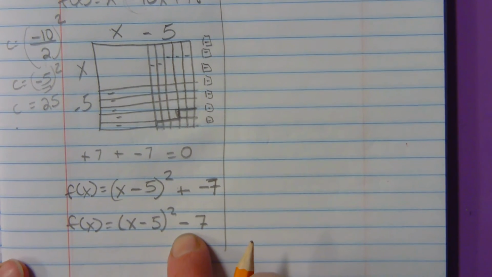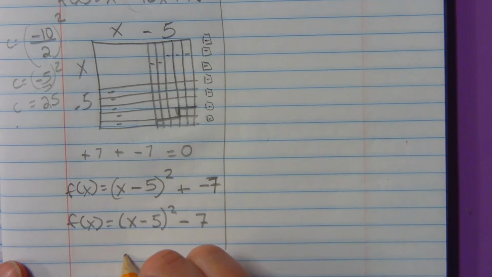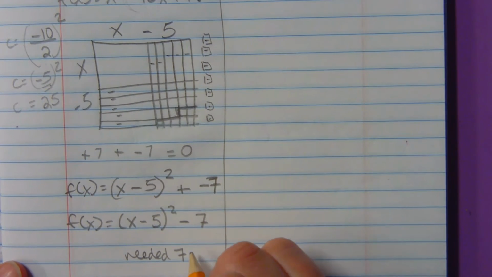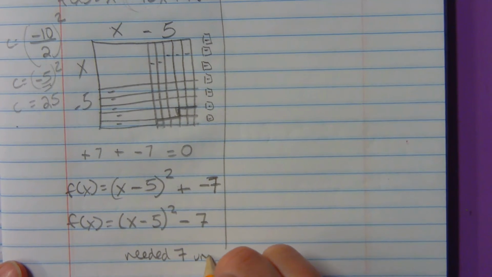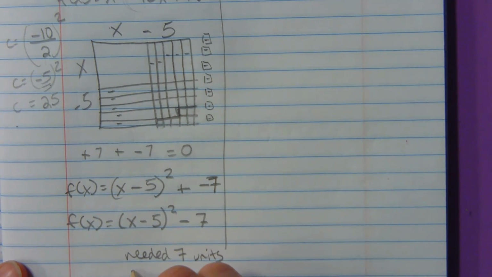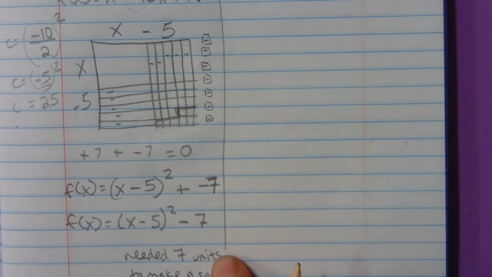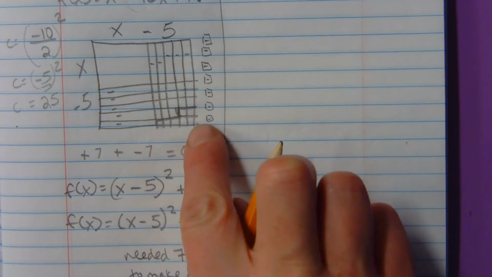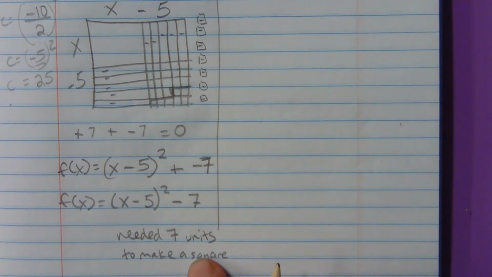So it's like I need this. I don't have it, so I need it. So we needed 7 units in order to make this a complete square. Whereas on the other one, I'm subtracting because I don't have it to make a square, so I need it.